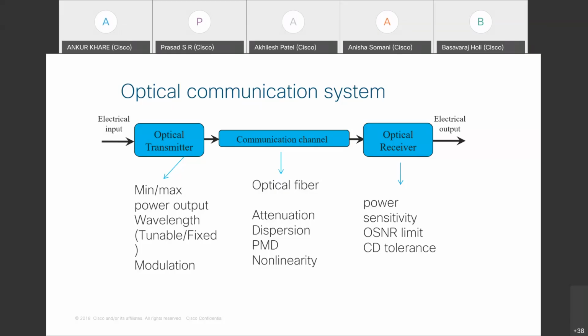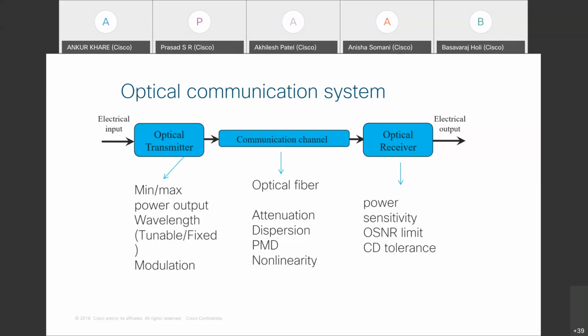For the communication channel, it's nothing but a fiber. So again, the layer 1 and layer 0 technology. For optical fiber, we have to take care of attenuation, dispersion, PMD, and nonlinearity. These properties we will talk about in the next slides: what is attenuation, what is dispersion, and what is polarization mode dispersion.